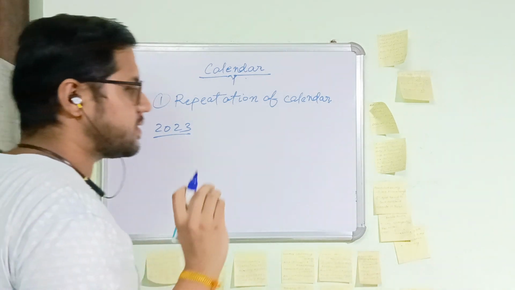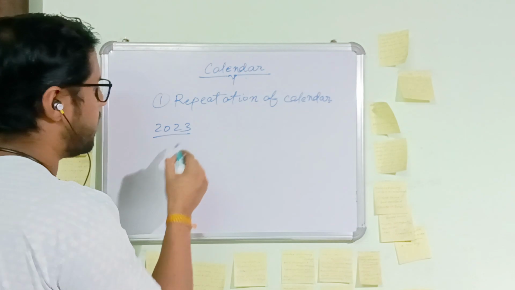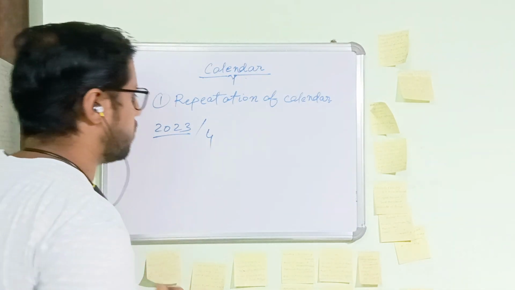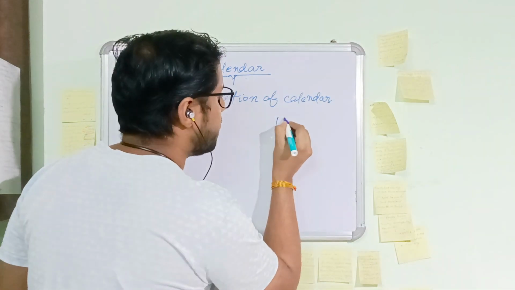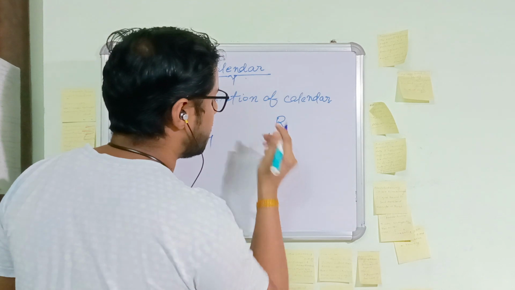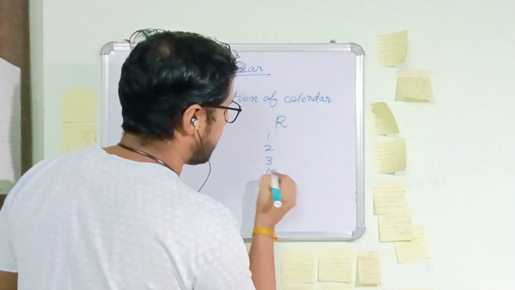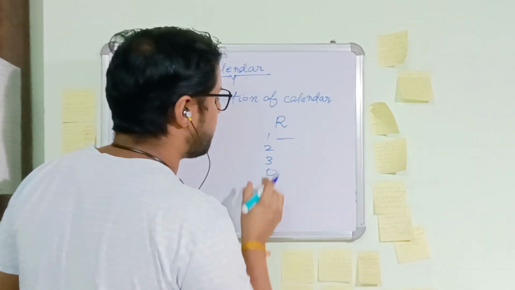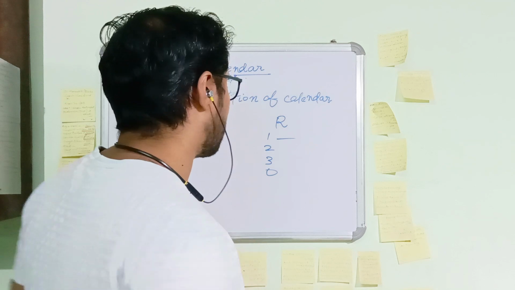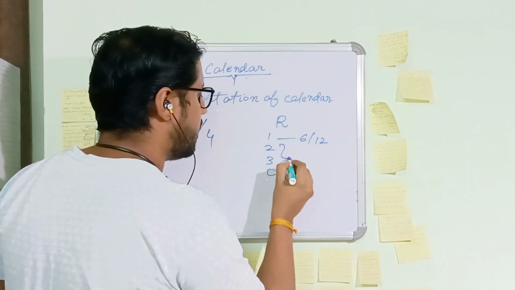Before taking the example, let's clear one doubt. For repetition of calendar, you should divide the year by 4. If you get a remainder of 1, the year will repeat after 6 or 12 years.